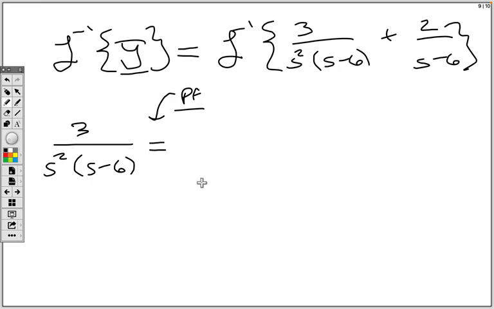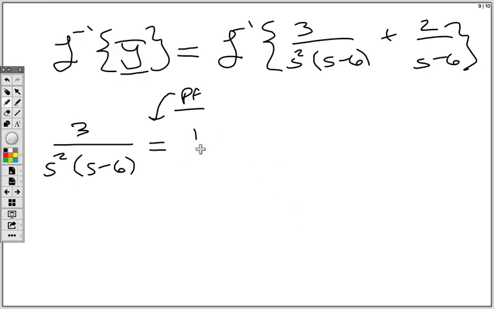So what's the form of the partial fraction decomposition here? What kind of little denominators will contribute to this big denominator? Yep, good. s squared, and s minus 6.